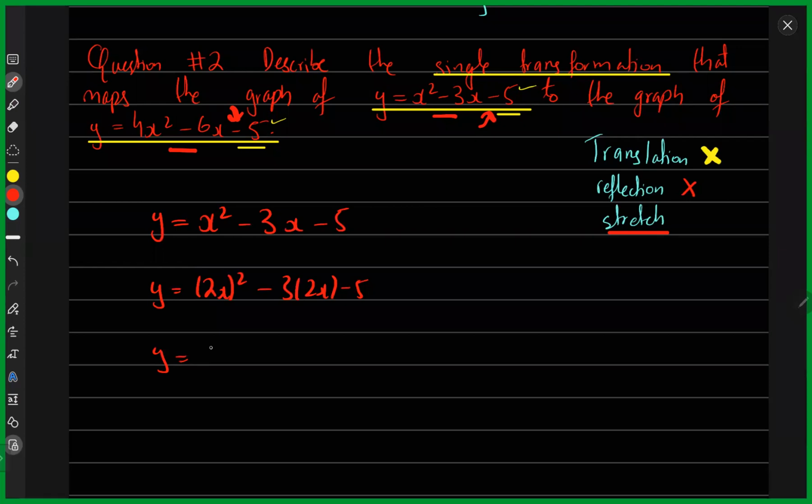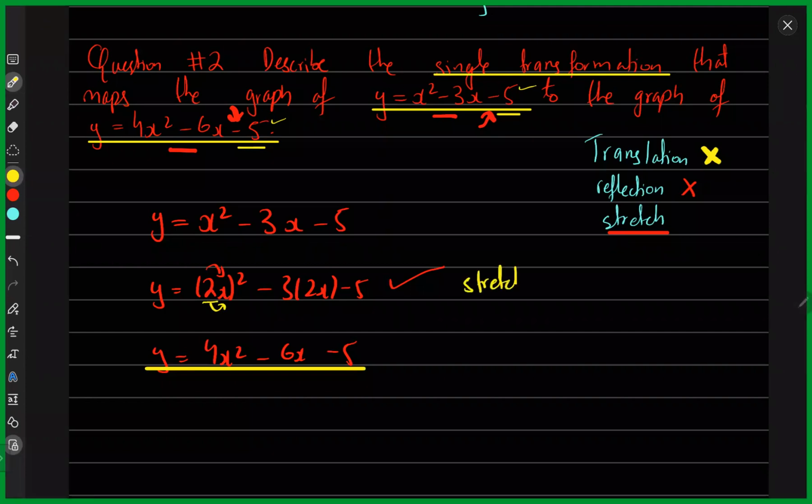And now I would get 4x squared minus 6x minus 5. So this was certainly correct. I have multiplied this 2 with x, and this is how I got this. That's clear, okay? But what does this multiplication of 2 with x imply? We know that whenever we are multiplying by a proper number, that is basically going to be stretch.